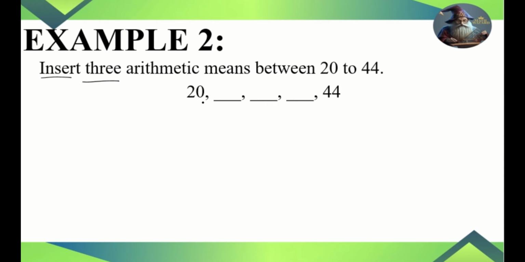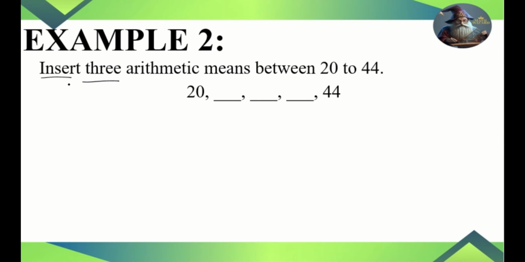Kasi kapag nakuha natin yung difference, kunyari, ang difference niya ay 2, so ibig sabihin 20 plus 2 is equal to 22. And 22 plus 2 is equal to 24. And so on. Ganun ang gagawin natin.